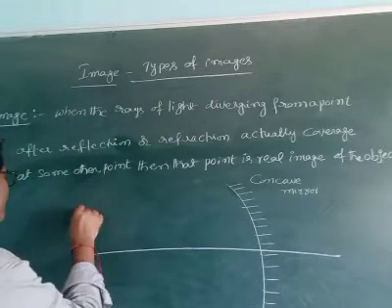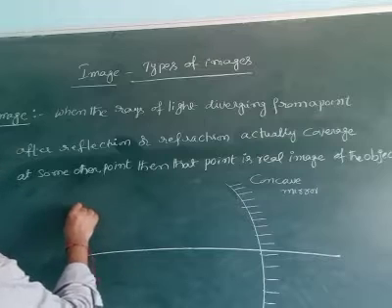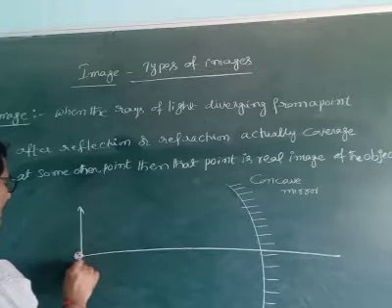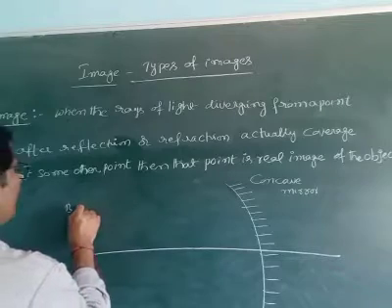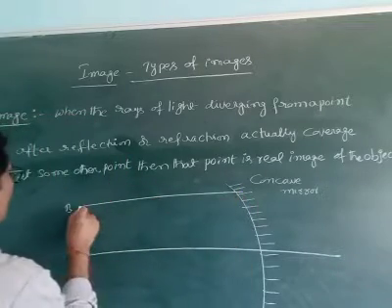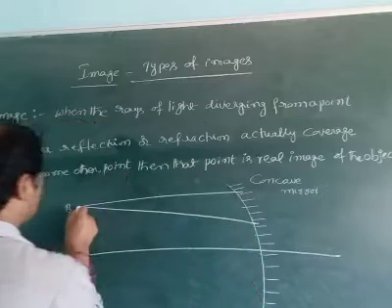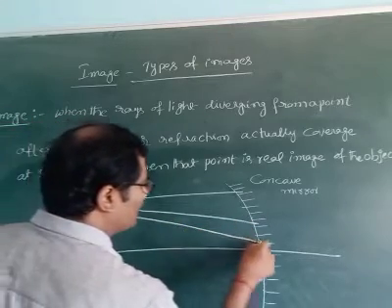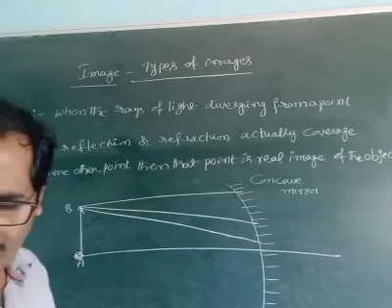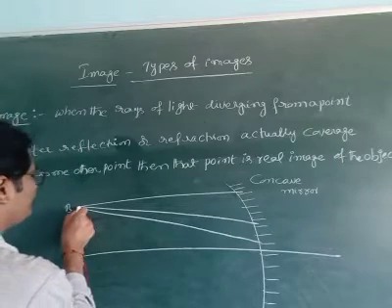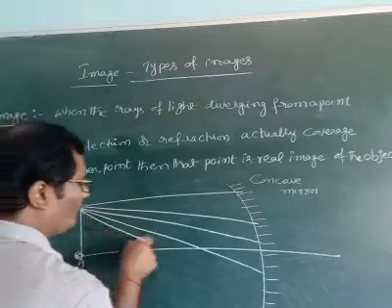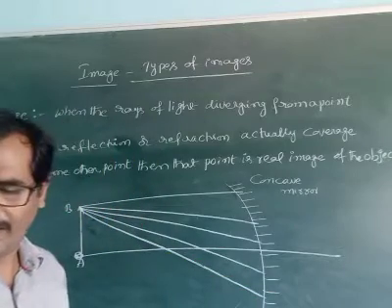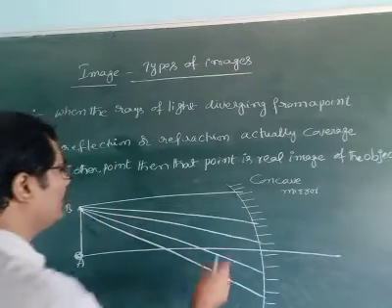Okay, it is the object, AB, and light rays are incident on the surface.